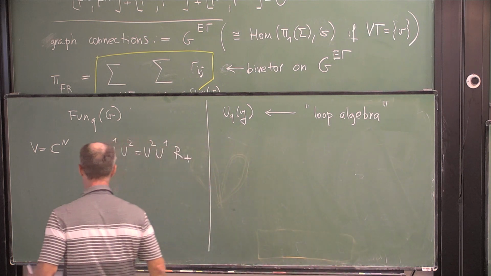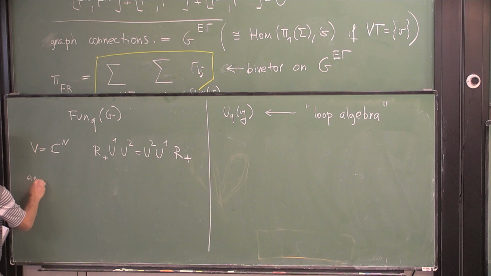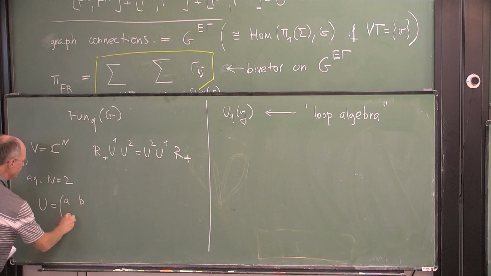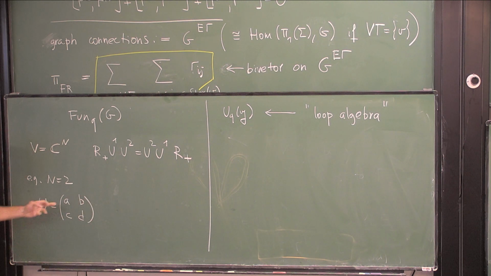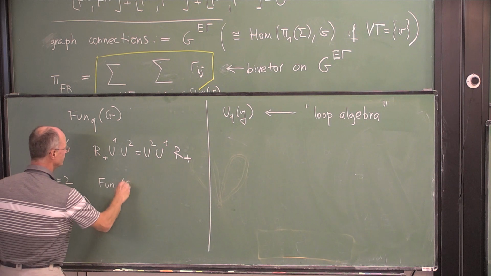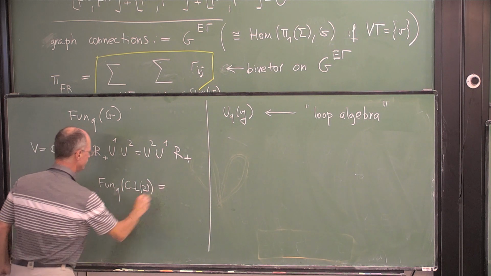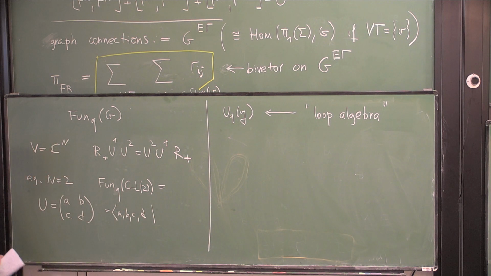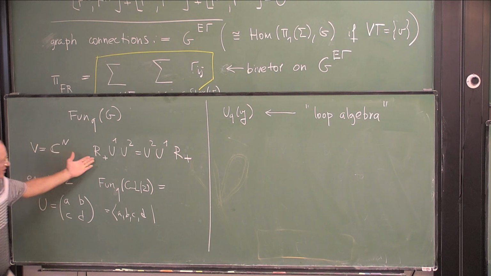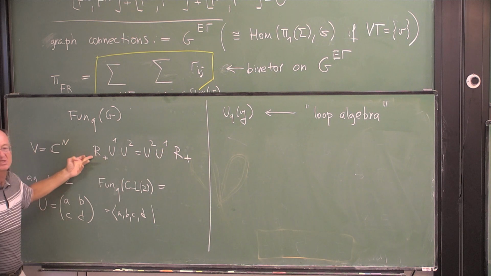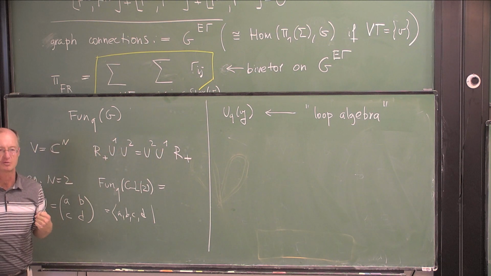I wrote some example. So if n is equal to 2, I can say this U is a matrix ABCD. So my generators are A, B, C, D. So this function algebra of GL_2 is an algebra with generators A, B, C, D. And now I should determine what the relations are. Well, one needs to write down this stuff and the relations will come out.